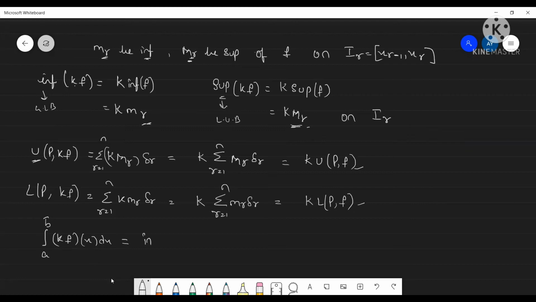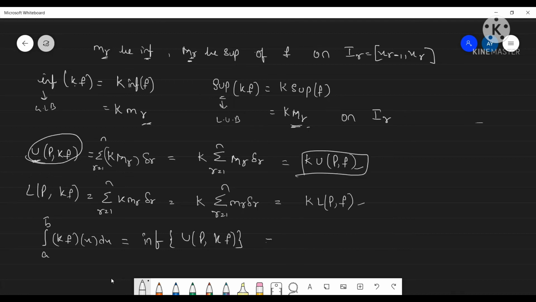This equals the infimum of all upper sums, U(P, kf). But what is U(P, kf)?